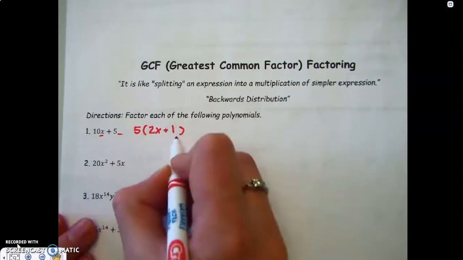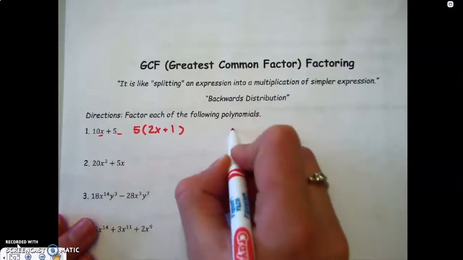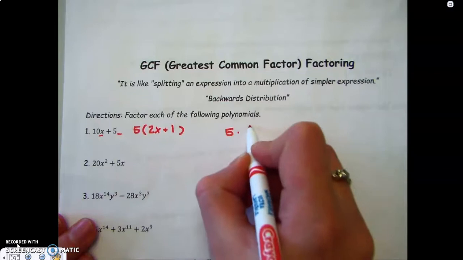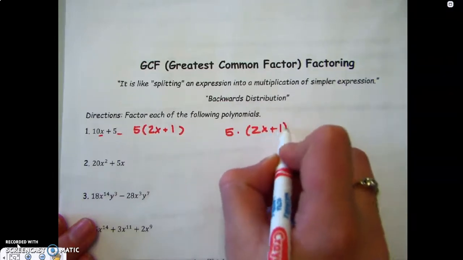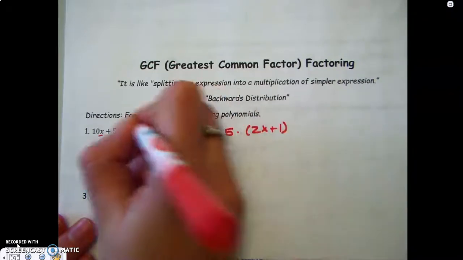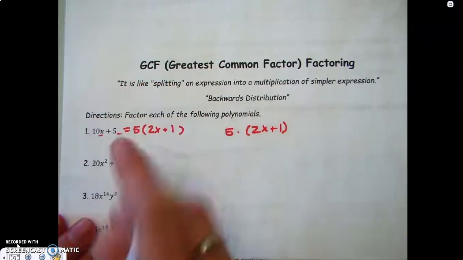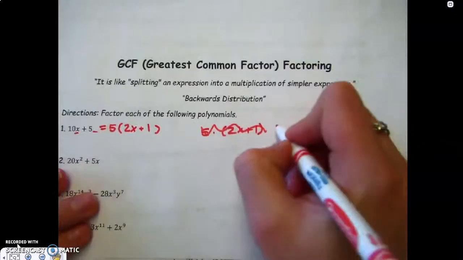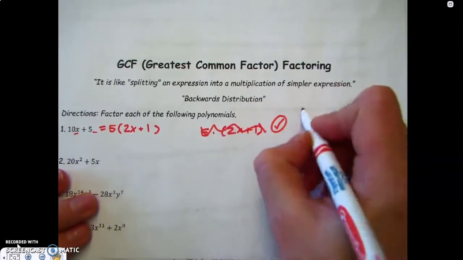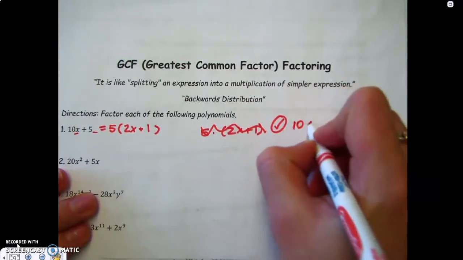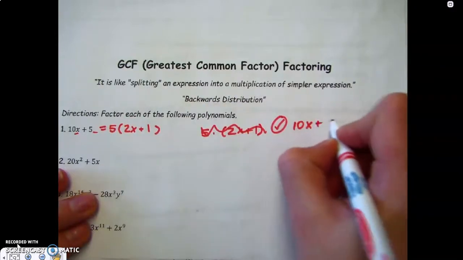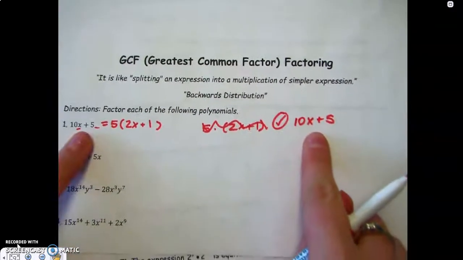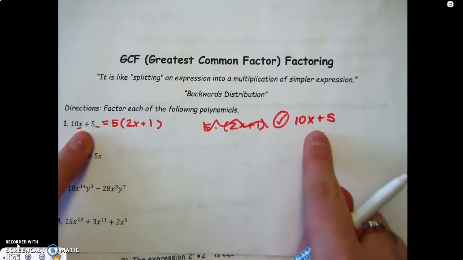And so now I have 2 expressions: 5 times the expression 2x plus 1 being multiplied together, and it's equal to this product. You can always check your answers with these. To check would be to distribute that back. So 5 times 2x is 10x, 5 times 1 is 5. If you get back what you started with, you did it correctly.